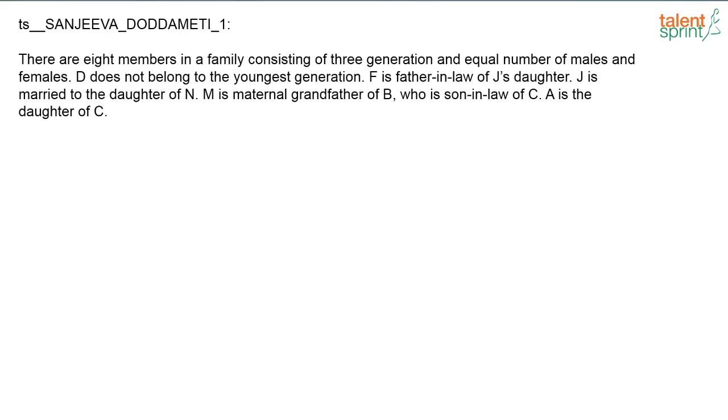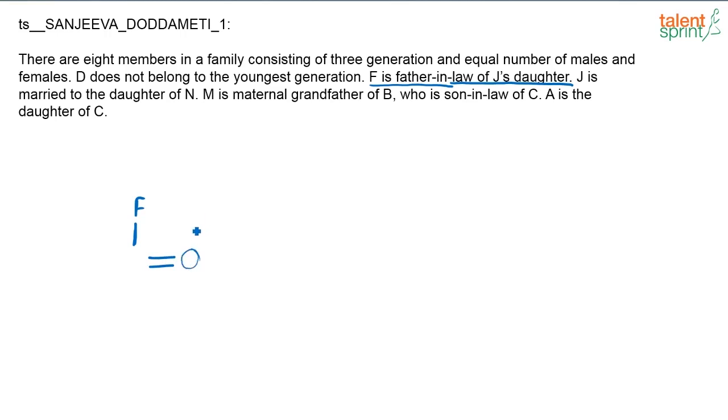So let us start. What is given here? F is the father-in-law of J's daughter. Father-in-law means F has a child who is married to somebody. F is the father-in-law of this person, right? So F is the father-in-law of the person who will come here, J's daughter.